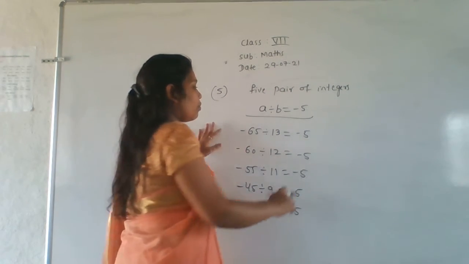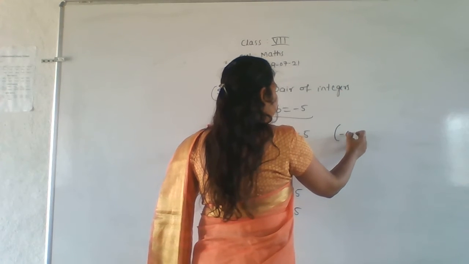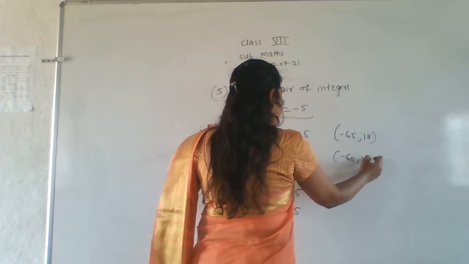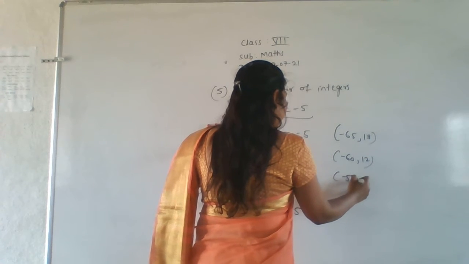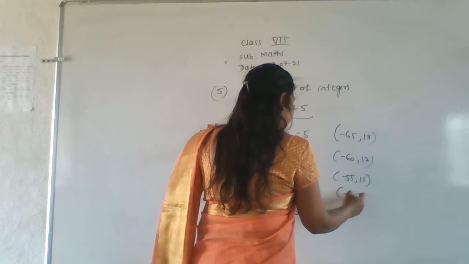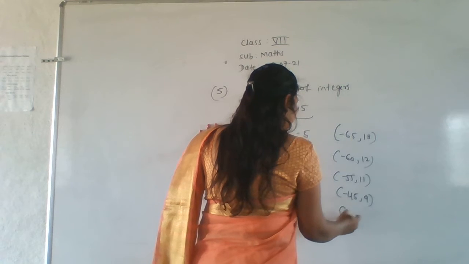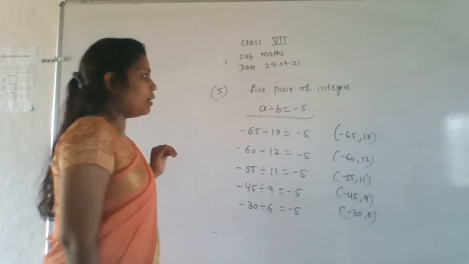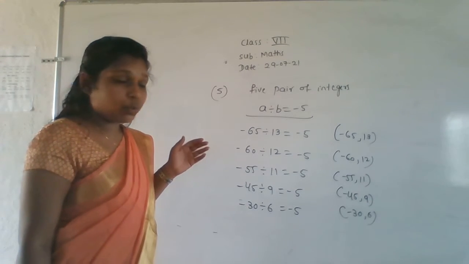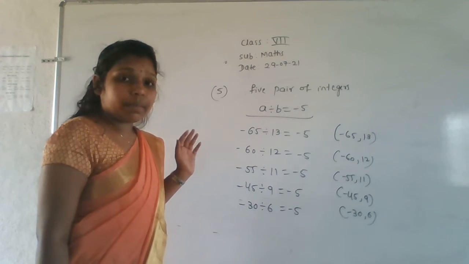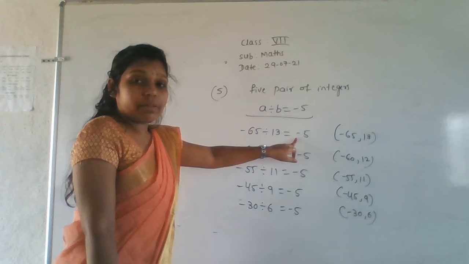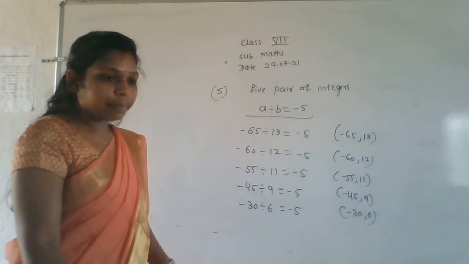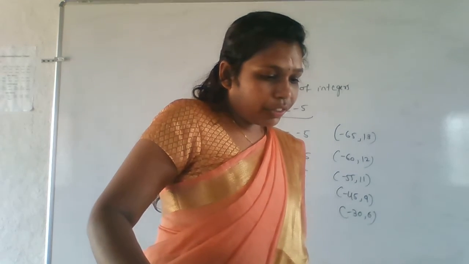The pairs are minus 65 comma 13, minus 60 comma 12, minus 55 comma 11, minus 45 comma 9, and minus 30 comma 6. These are the 5 pairs of integers. You can choose any others also, but the quotient must be minus 5. That is our intention, only that much. So the fifth question is completed.